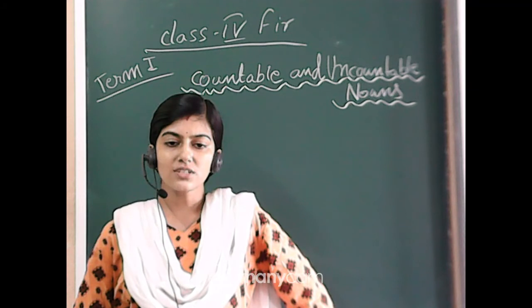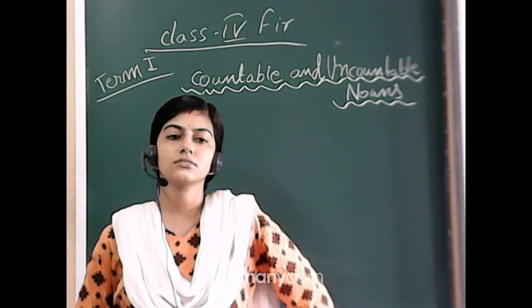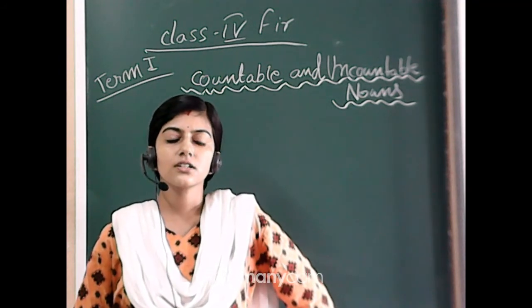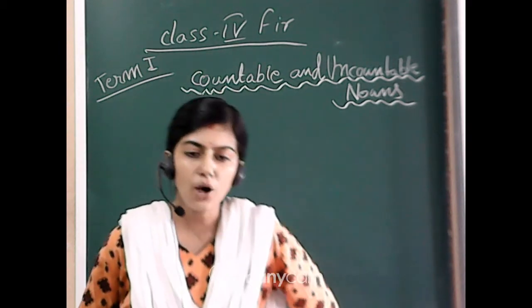So the nouns which can be counted are called countable nouns, and the nouns which cannot be counted are called uncountable nouns or uncount nouns.